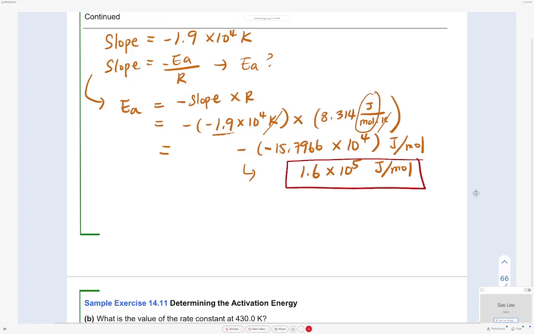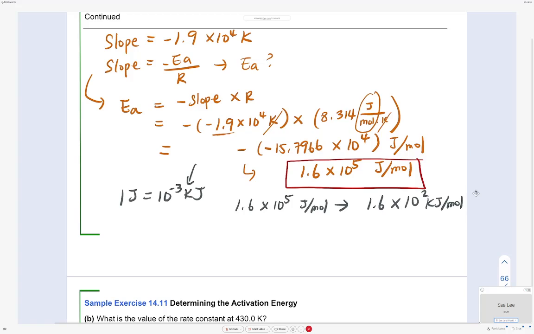Because 1 joule is equal to 10 to the negative 3 kilojoule, anything that has kilo is going to be 10 to the negative 3 fractions of something, or a thousandth of a joule. So then 1.6 times 10 to the 5 joule per mole is going to become 1.6 times, if you do 5 minus 3, 10 to the 2 kilojoule per mole. Or this is simply 160 kilojoule per mole.